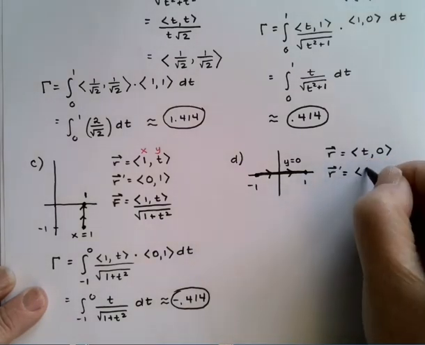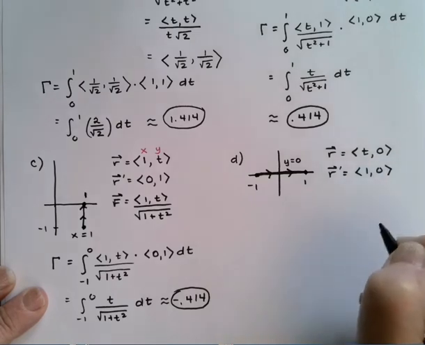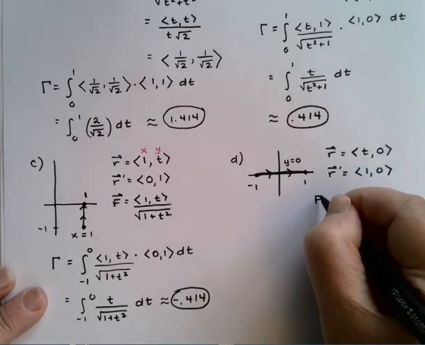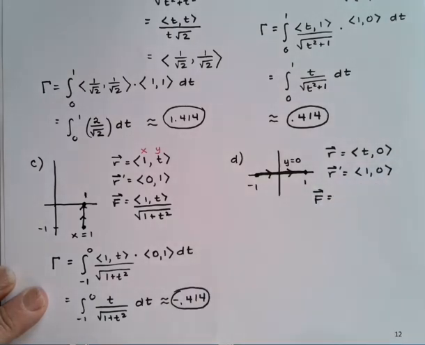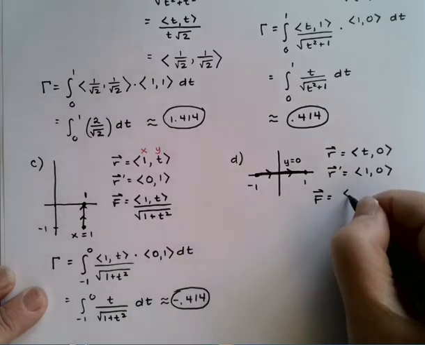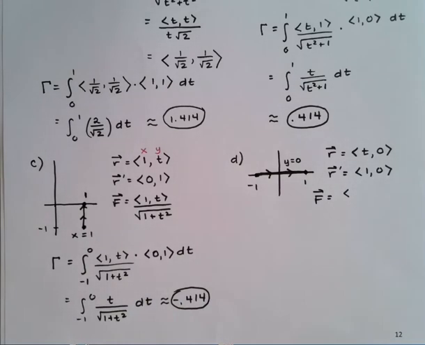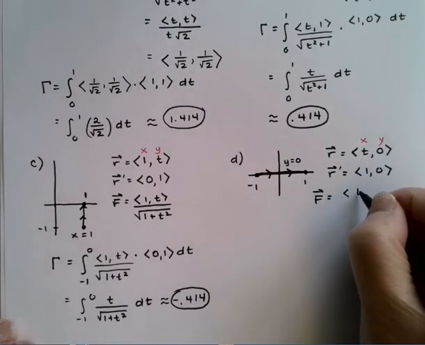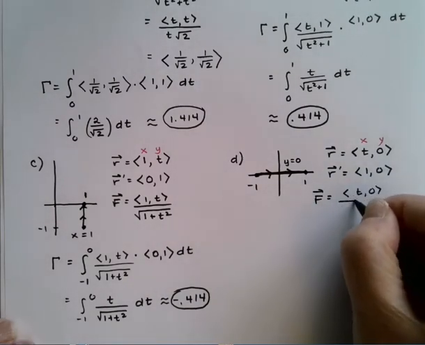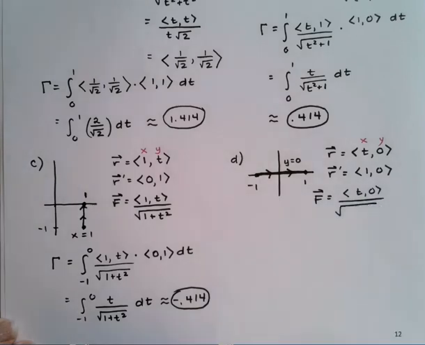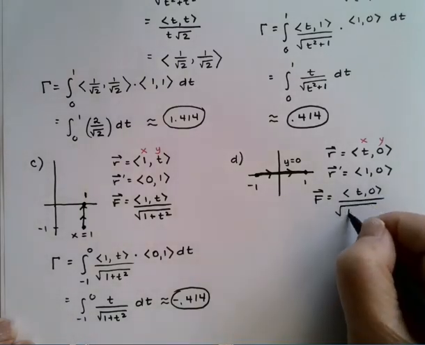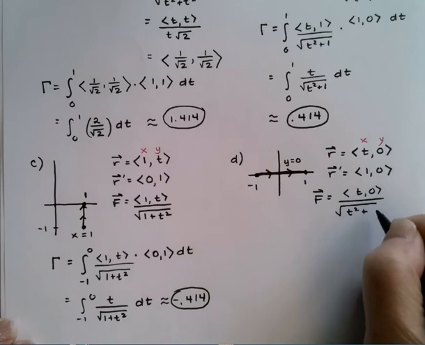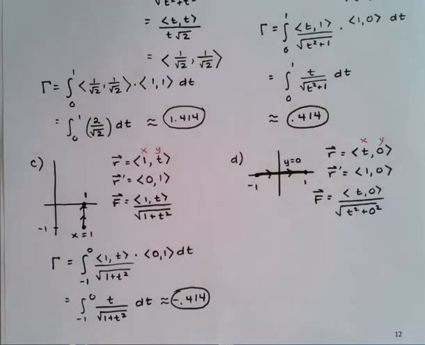So r prime would be 1, 0. And f is going to be our xy, so t, 0, divided by the square root of x squared or t squared plus y squared or 0 squared.